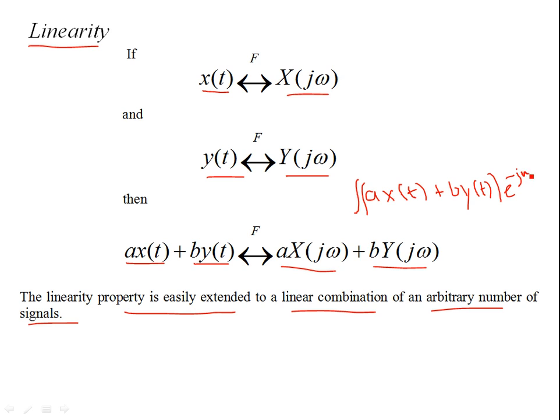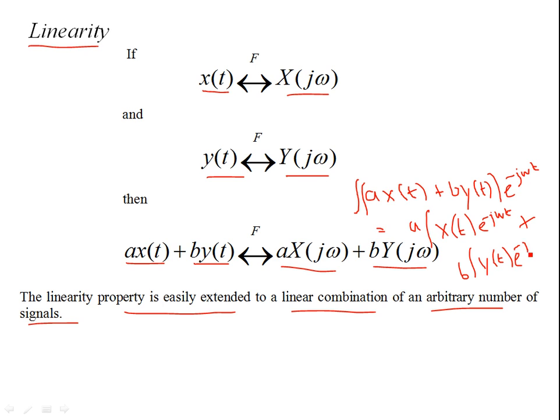Since integration is a linear operation, we can bifurcate this into two integrations. So we have a x(t) e^(-jωt), plus another integral, b y(t) e^(-jωt).